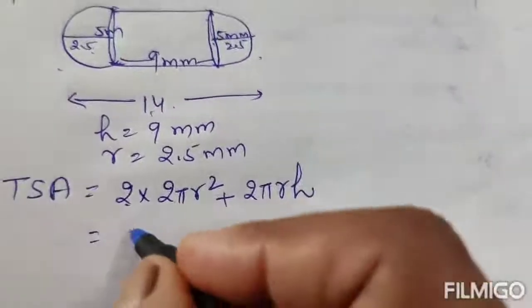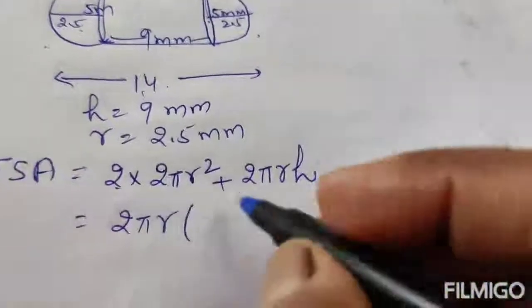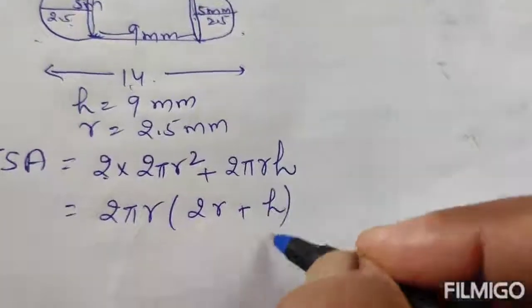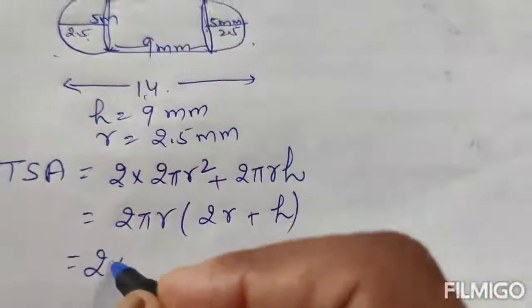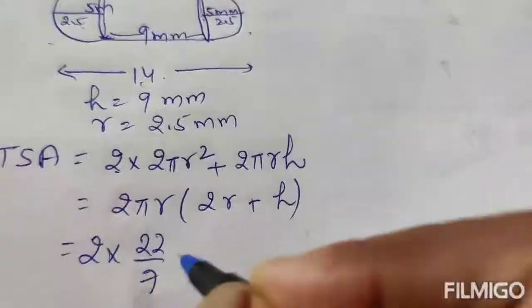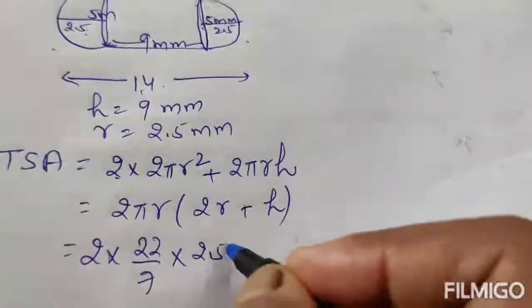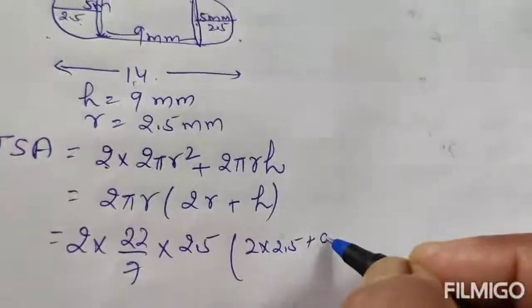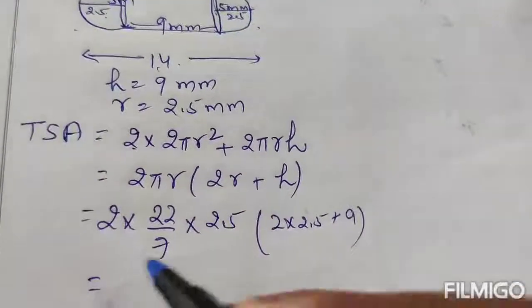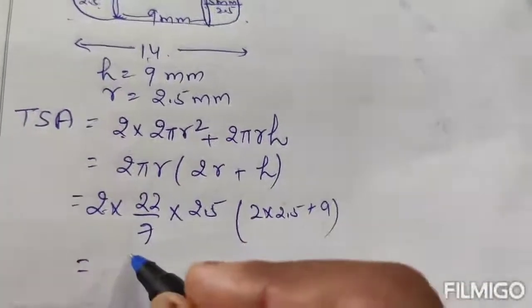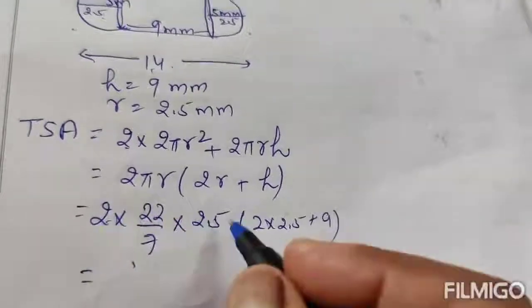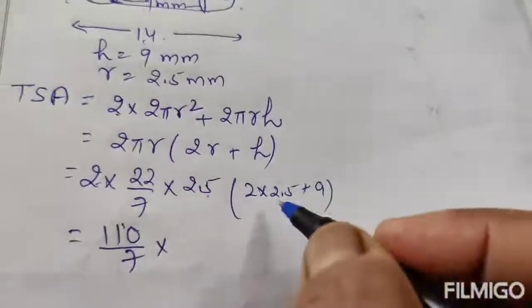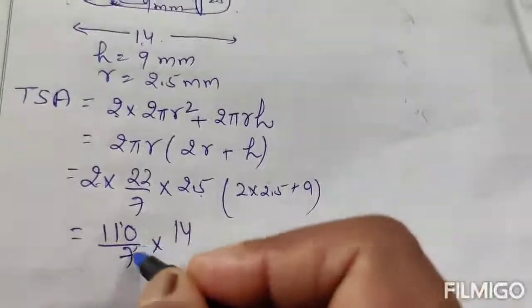Now taking common 2 pi r, 2r plus h. Now put the value: 2 into 22 by 7, radius is 2.5, and again 2 into 2.5 plus h is 9. 5 into 200, 220, 5, 110 by 7 into 5 or 9, 14. 7 to the 14.